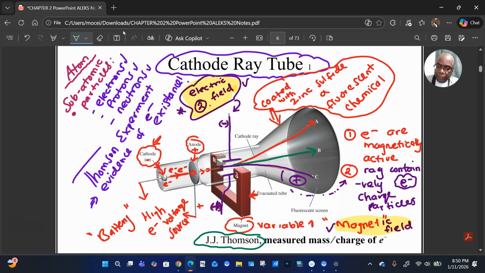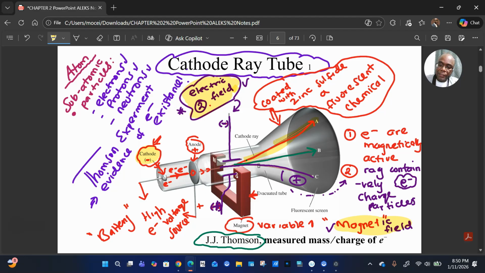So in conclusion, electrons were made from the cathode side of the tube, and the ray traveled through to the anode. When you introduce the magnetic field, the ray was deviated probably upwards. Now if you switch the polarity, it will deviate downwards. So the ray contains particles that were magnetically active.